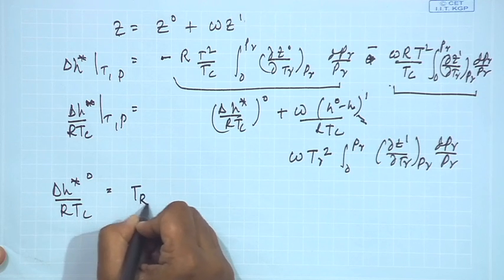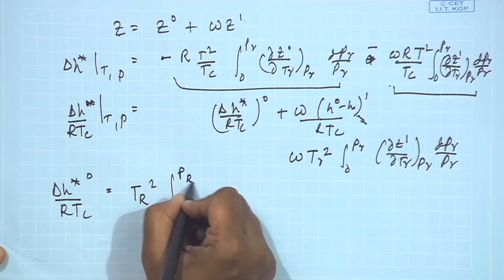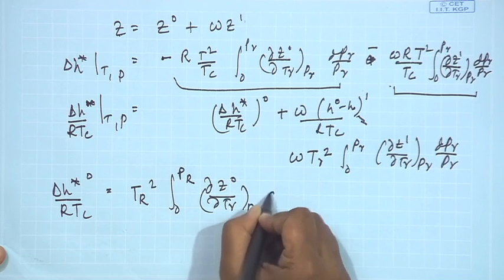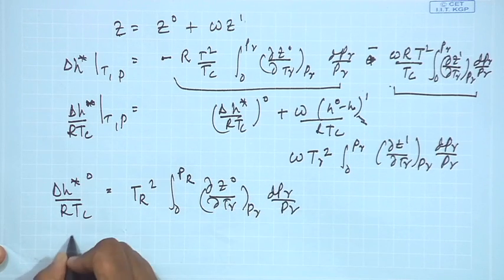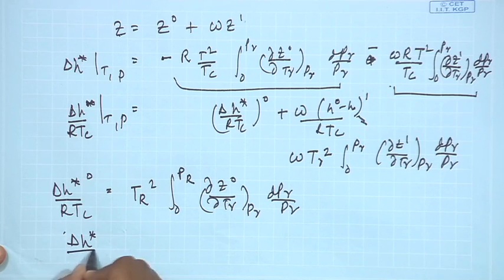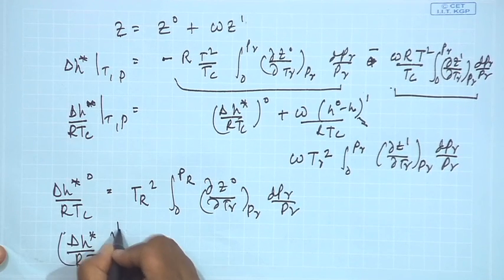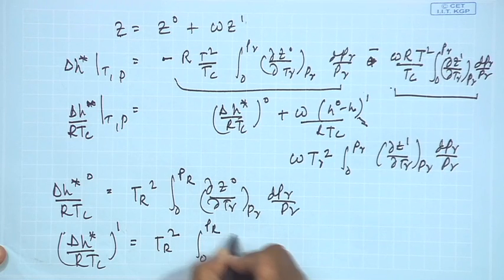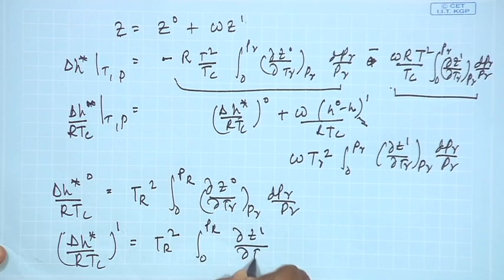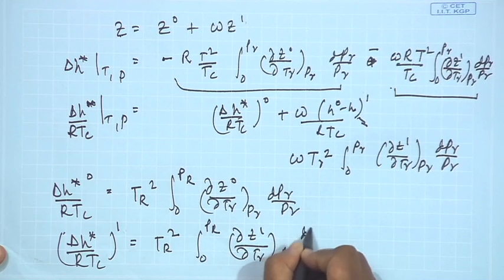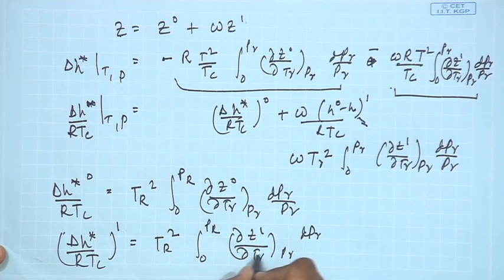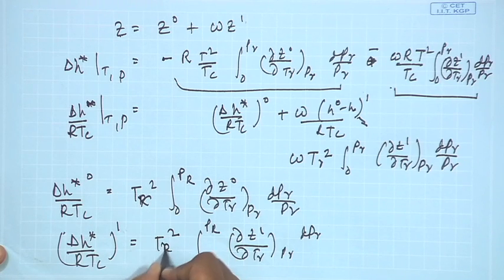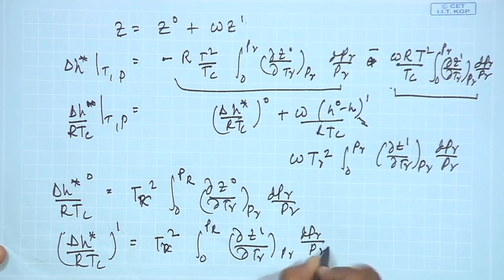This is nothing but TR square integral 0 to PR del Z0 del TR at constant PR dPr by PR, and delta H star by RTC 1 is equal to TR square integral 0 to PR del Z1 del TR at constant PR dPr by PR.